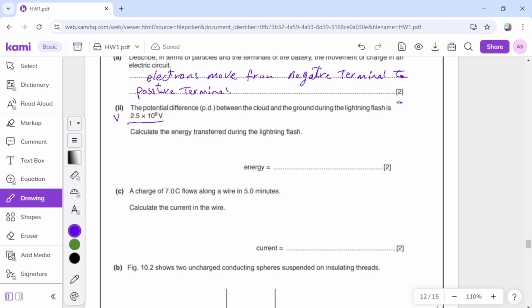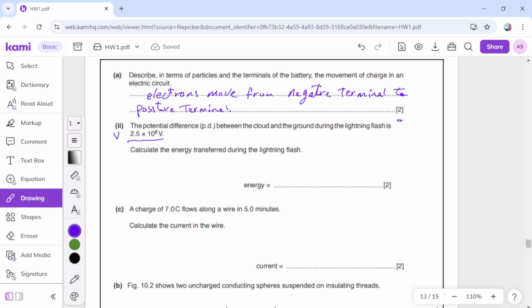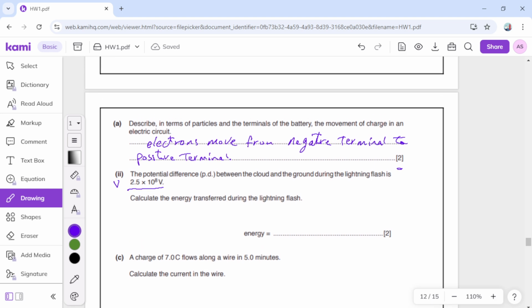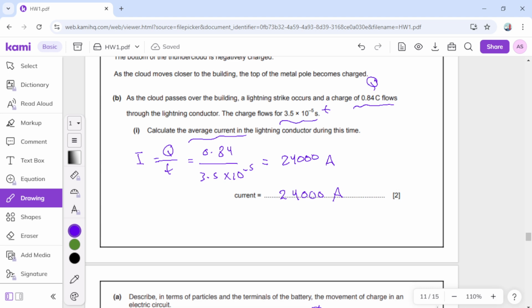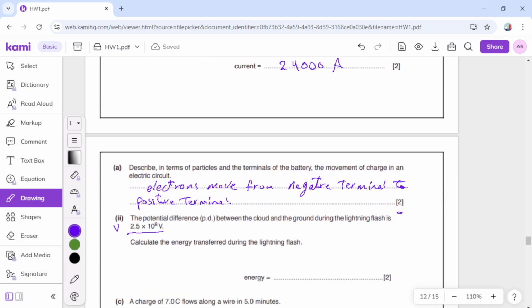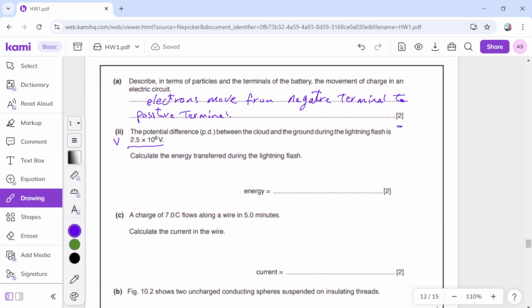Okay, and in the same question he asked you to calculate the energy transferred during the lightning flash. Now we have the charge, 0.84. If we want to find energy or work, it will equal Q multiply V. So you will gain 1 mark for the equation as I said before.